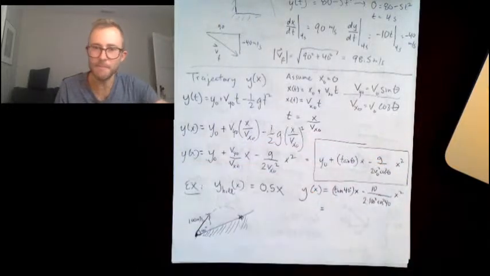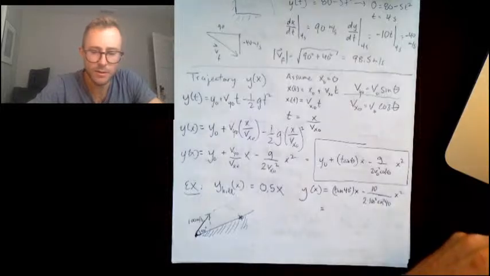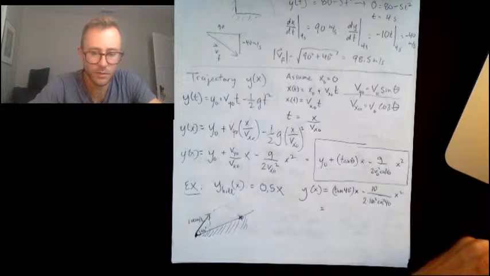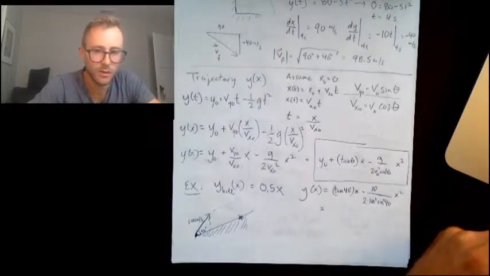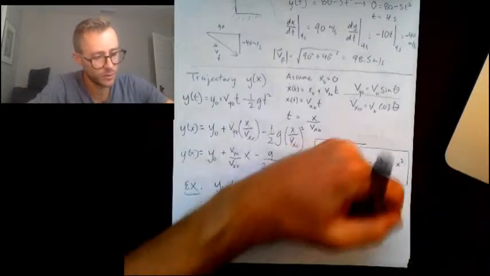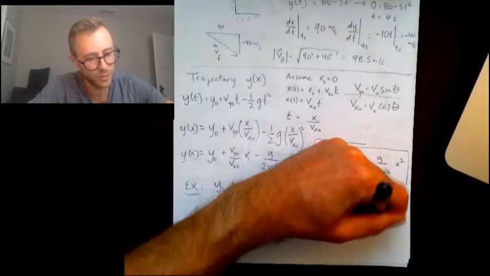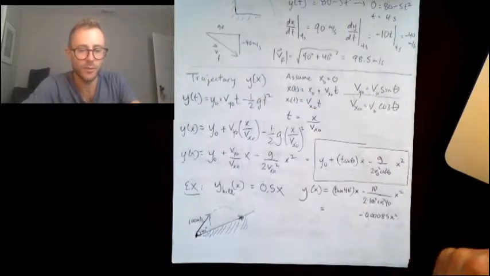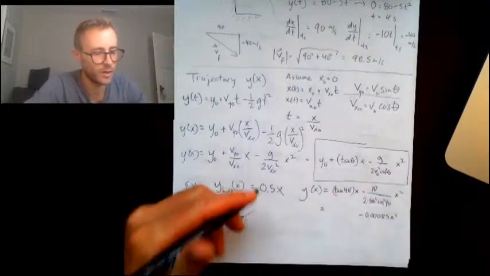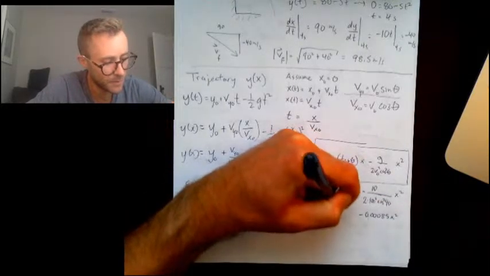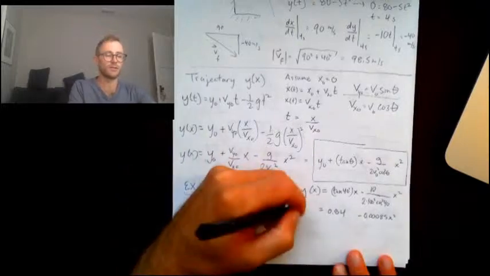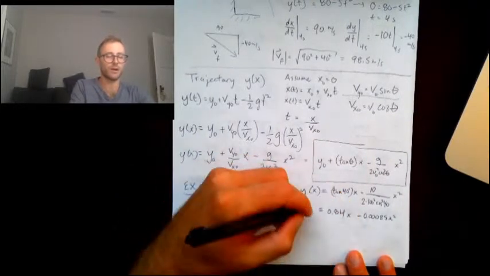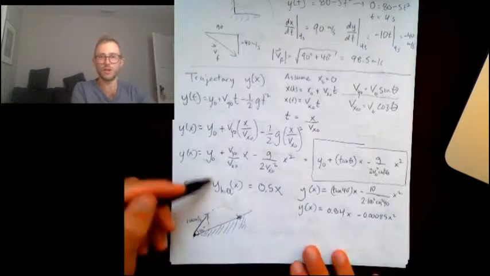So I'm going to simplify that: 10 over 2 over 100 squared over cosine 40 squared. So this is minus 0.00085, and tangent of 40 is 0.84. Okay, so that's the trajectory function of the projectile, and here's the shape of the hill.